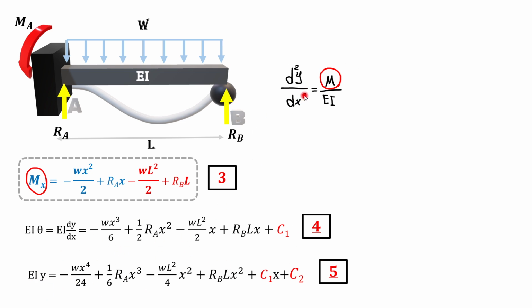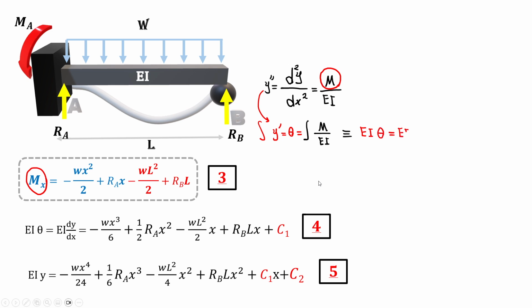d squared y over dx squared is M over EI, and if we integrate it once, we reach what we call y double prime. Integration of y double prime gives us y prime, which is theta, and that is nothing but the integration, or area under, M over EI.